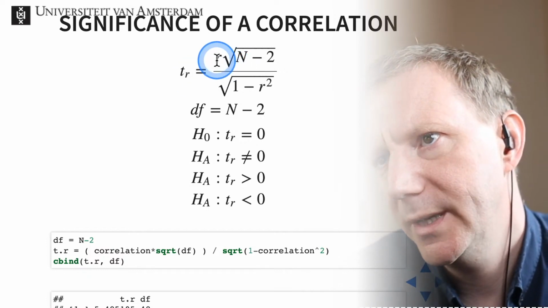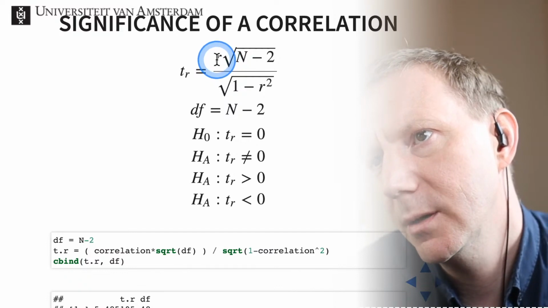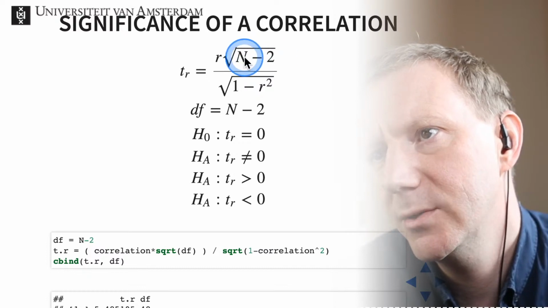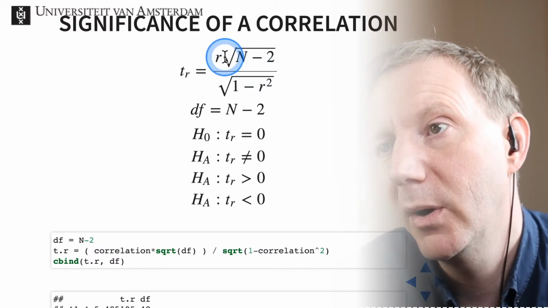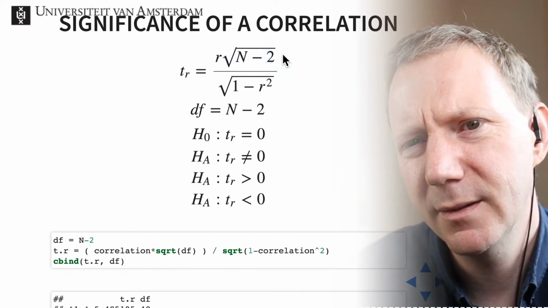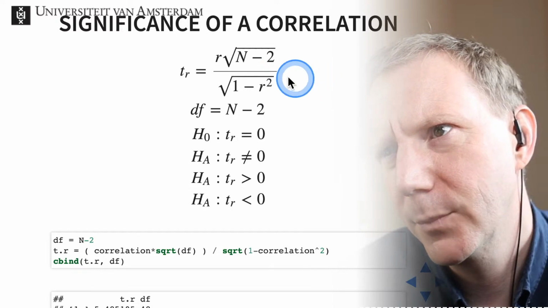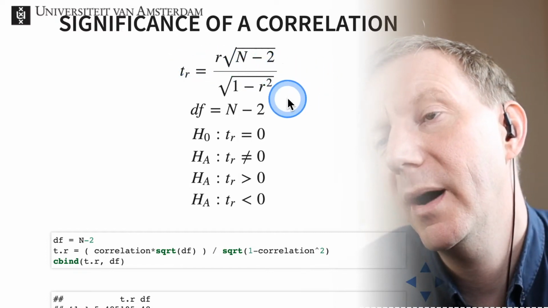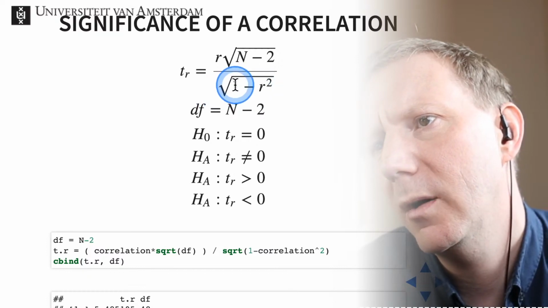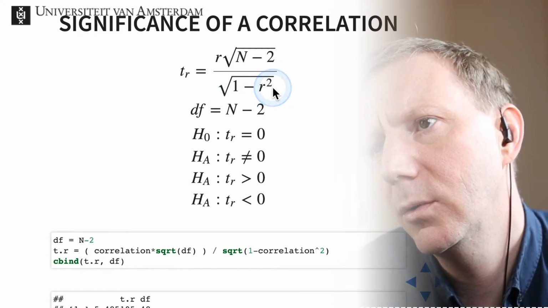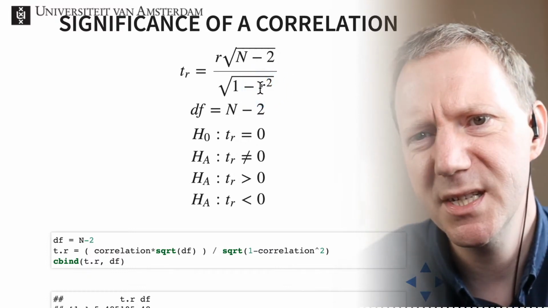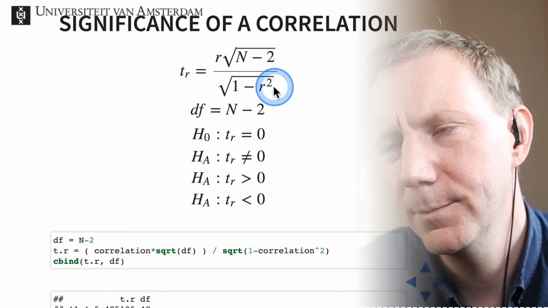So we're saying, what is the correlation multiplied by the square root of n-2, divided by essentially the square root of 1 minus the correlation squared? So what does this correlation squared mean again?